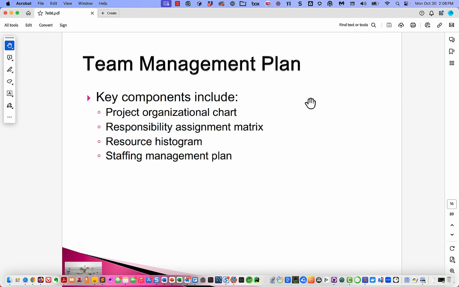So, what might be in a team management plan? Well, there's some good stuff here. And again, most of the items that I'm covering in the beginning of this lecture have come from traditional project management, what some would call waterfall project management.